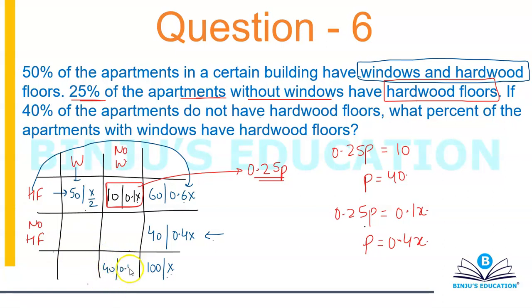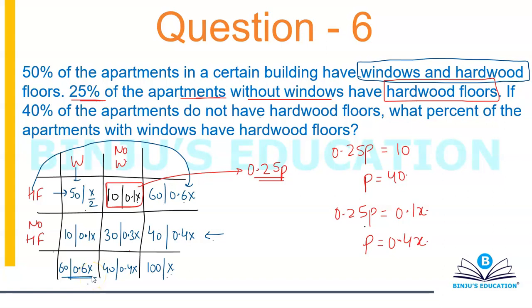Now if total no window is 40 or 0.4x, then the block just below 10 and 0.1x will become 30 or 0.3x, and the one to the left of it will automatically become 10 or 0.1x, and total windows will become 60 or 0.6x.